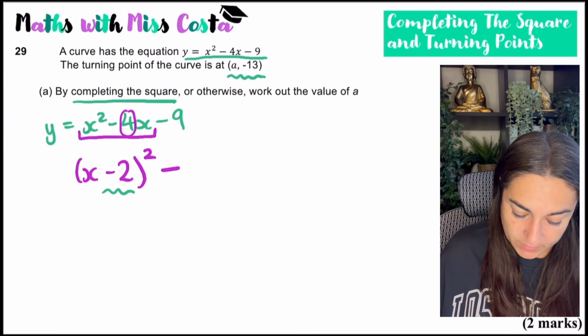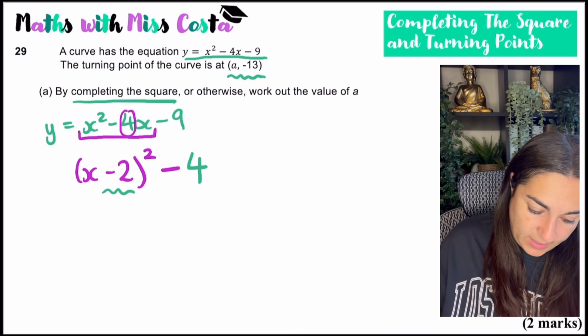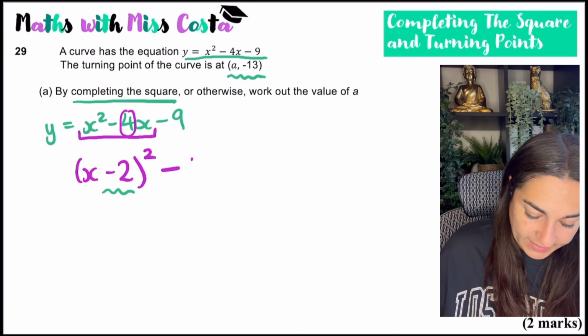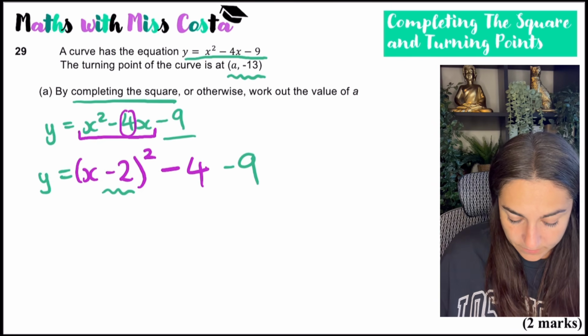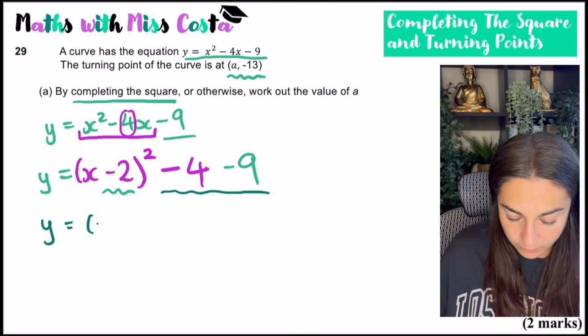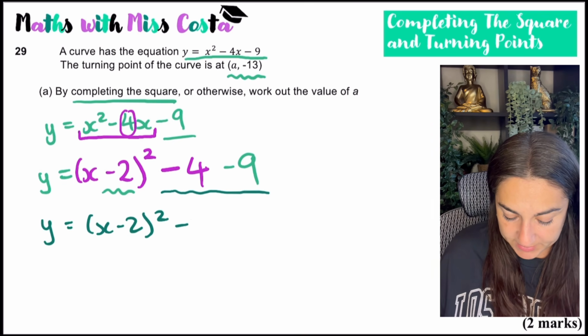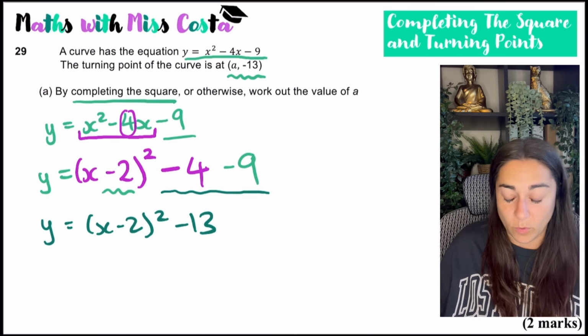So minus 2 squared would be 4, so I'm going to subtract 4. Keep everything else as it is, so minus 9. So I'm writing this in the completed square form. I'm going to simplify it: (x minus 2) squared minus 13. So this is the completed square form.